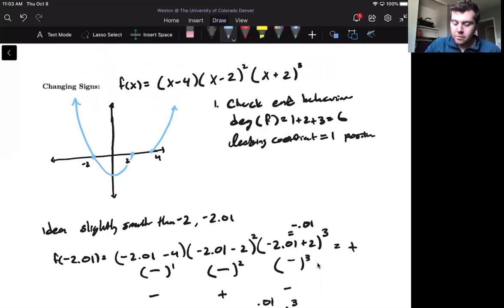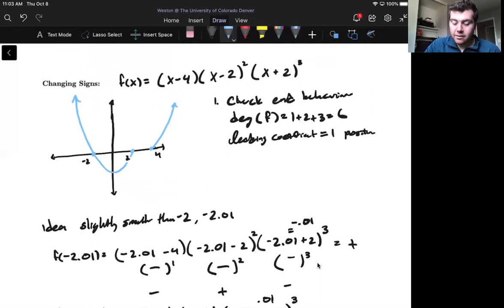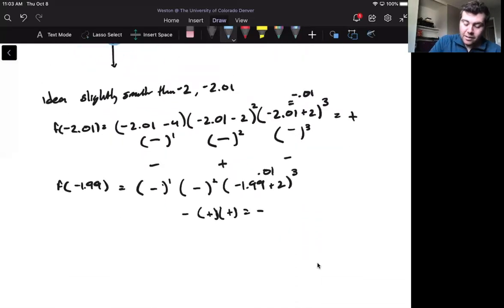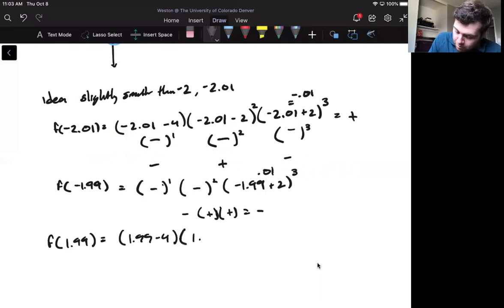But then, what happens with the intercept at 2? If we plug in f of 1.99, we're going to get 1.99 minus 4, 1.99 minus 2 squared, and 1.99 plus 2 cubed.